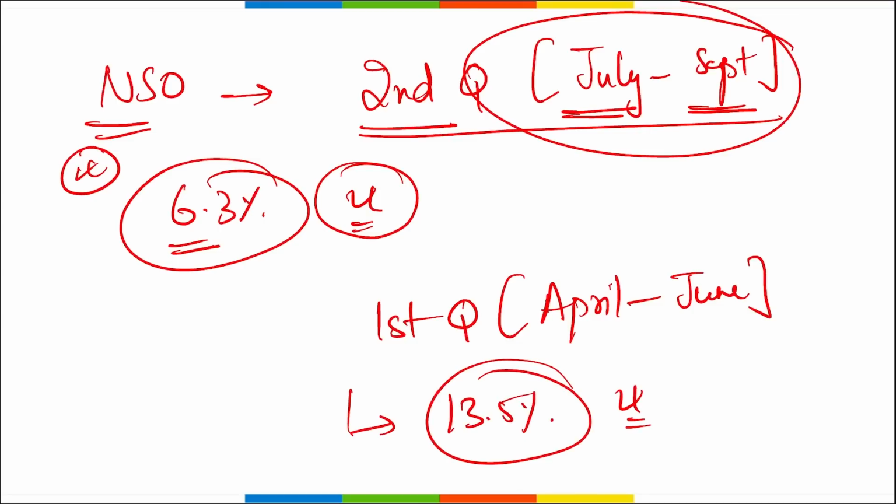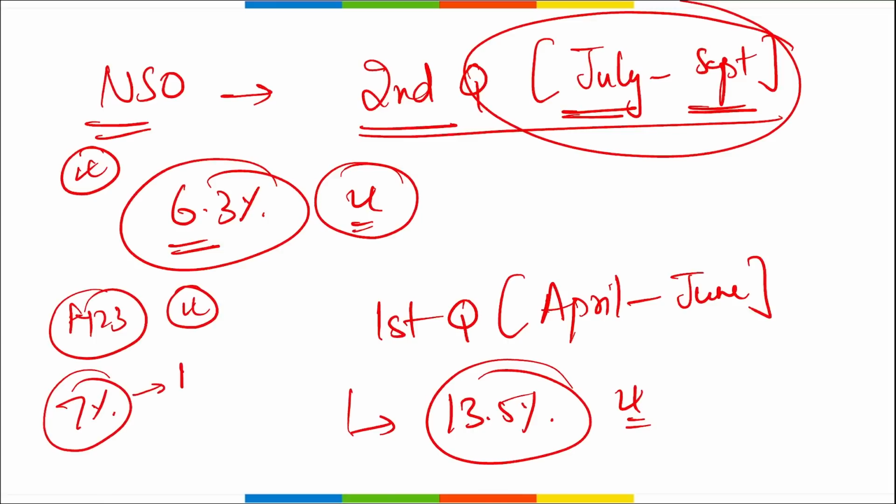All right, and the annual GDP growth rate projected for India for fiscal year 23 by almost all organizations is on average 7%. Even Moody's projected it to be 7%. Then RBI projected it to be 7%. SBI projected it to be around 6.8%.